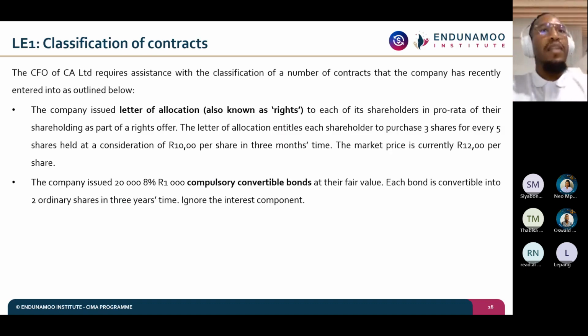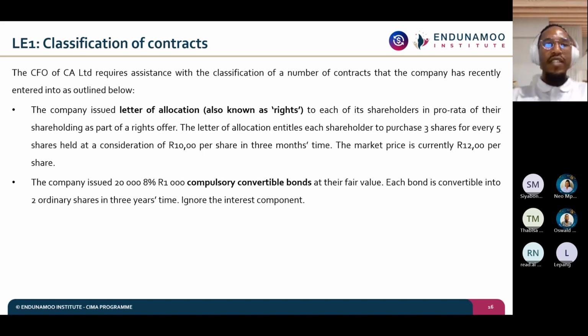Let's take lecture example number 1, which talks to the classification of a contract. The CFO of CA Limited requires your assistance with the classification of a number of contracts that the company has recently entered into, as outlined below.